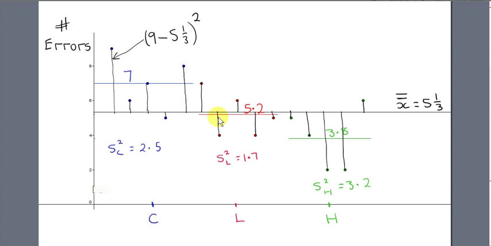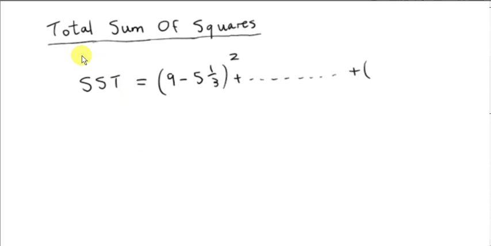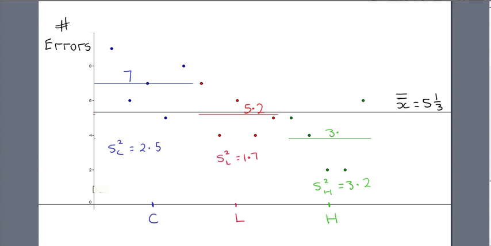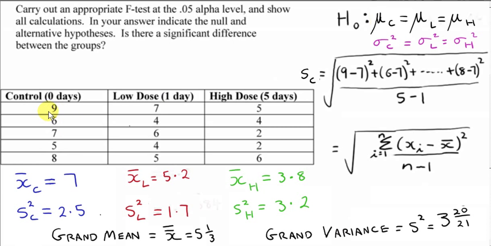We do this for all 15 values, and we sum all those square deviations. So what we then get is the total sum of squares, written SST for sum of squares total. So if we go back to the table here, the first value is 9, so we have 9 minus 5 1/3 squared.